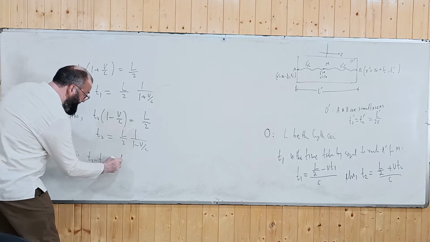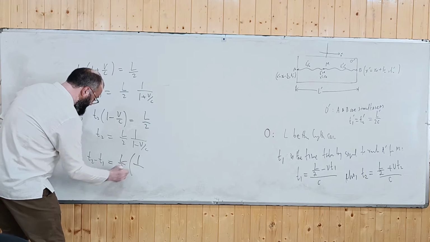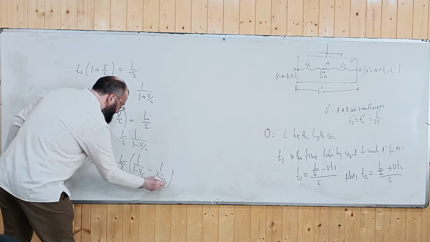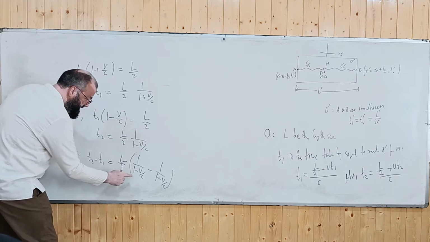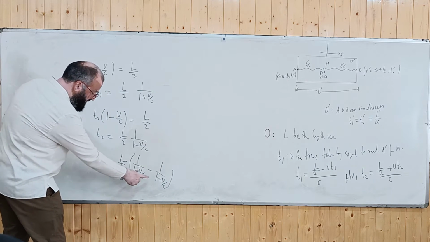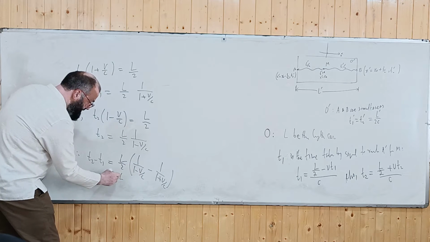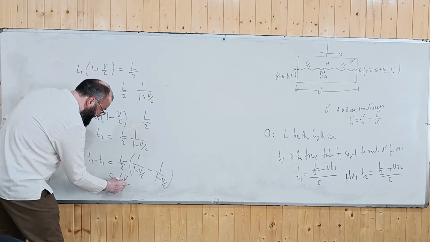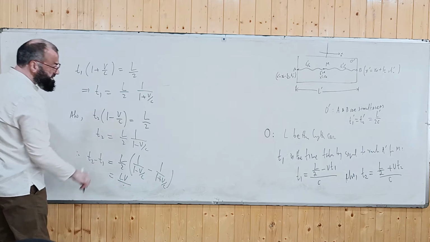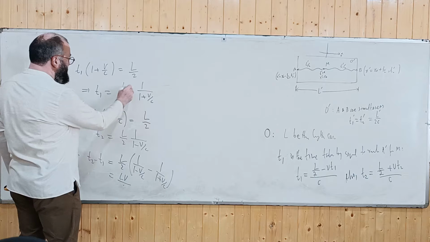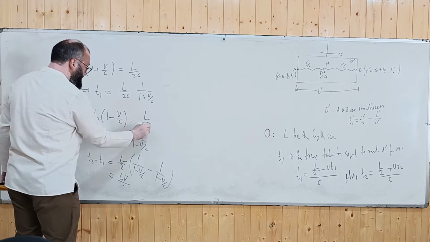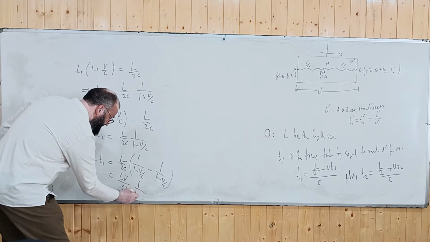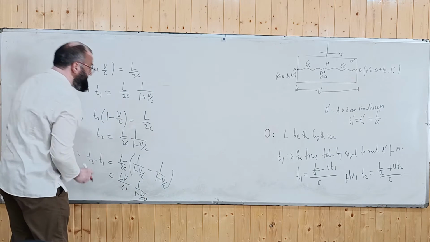So how much is that? L by 2 into 1 divided by 1 minus V by C, minus 1 divided by 1 plus V by C. So you are having L V by C square. There should be some factor of C we forgot, so there is a 2C. So it will be C square, 1 divided by 1 minus V square by C square.